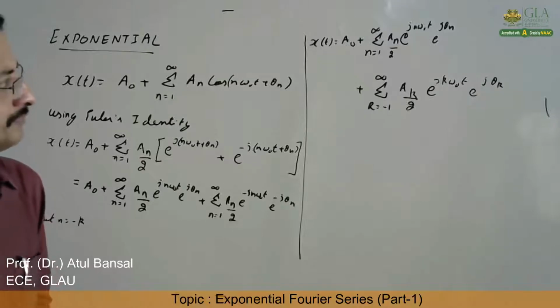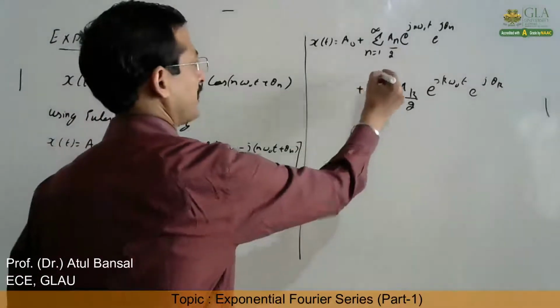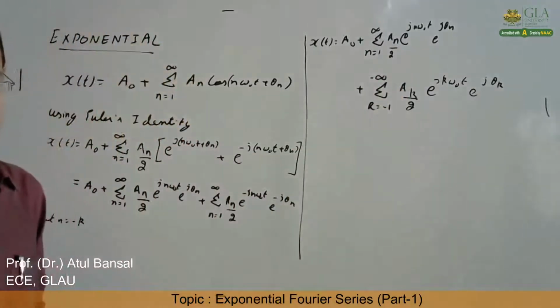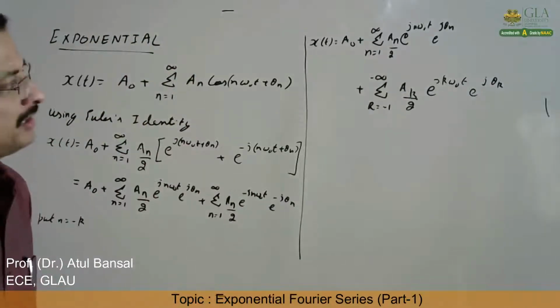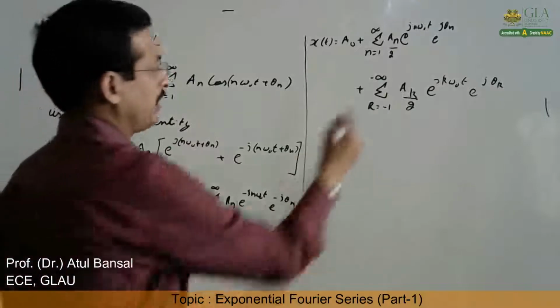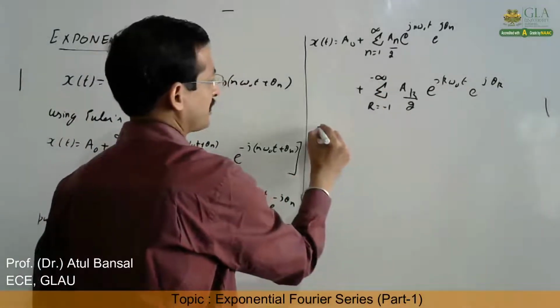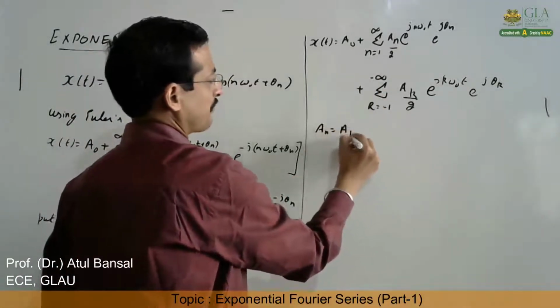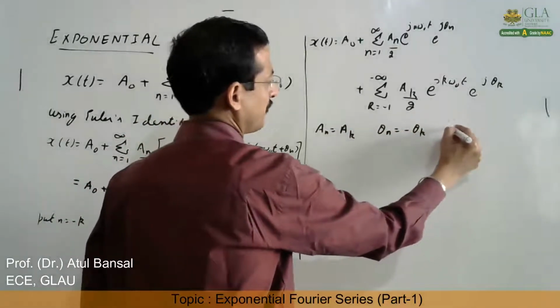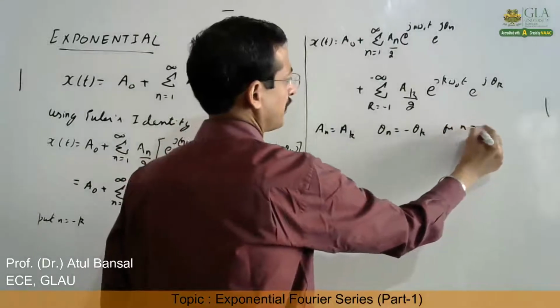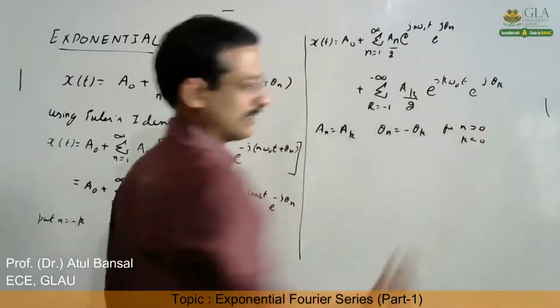Clear? So this is the sum over k equals minus 1 to minus infinity of Ak by 2 e raised to power j k omega naught t e raised to power j theta k. Now here if we compare with this, we can say An is equal to Ak and theta n is equal to minus theta k for n greater than 0 and k less than 0.